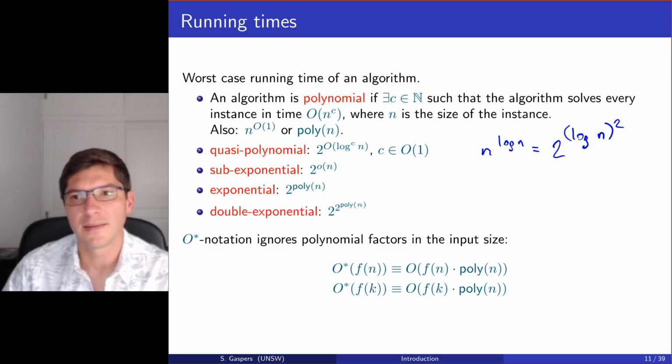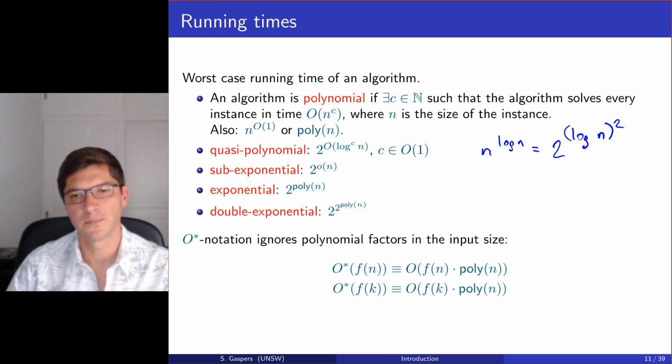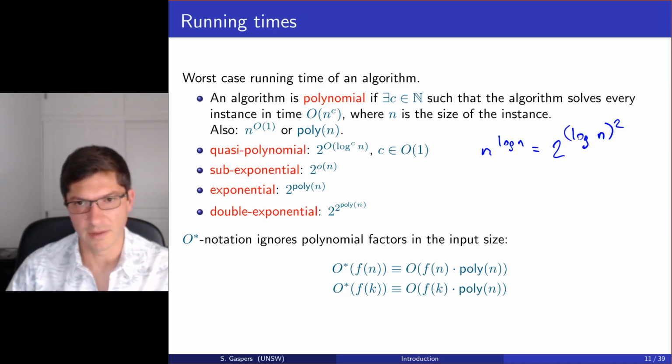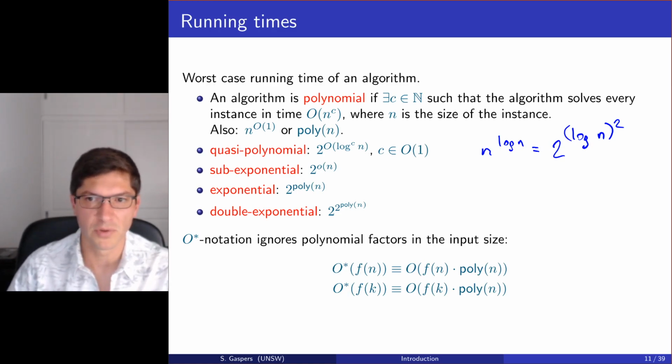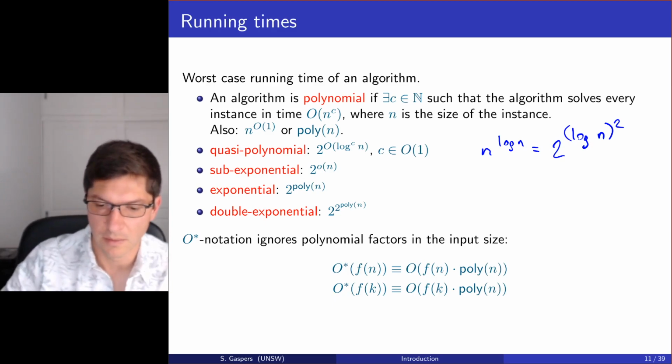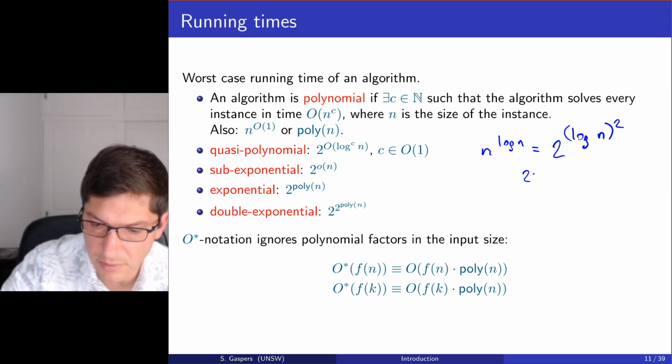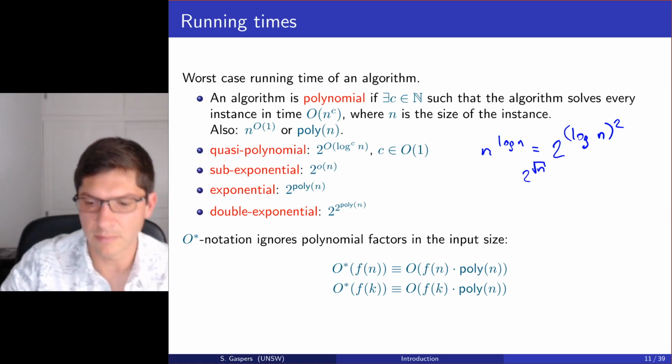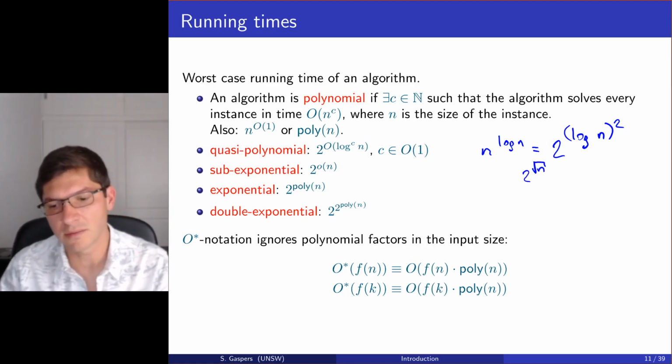Then we have the sub-exponential time algorithms. Those have a running time of the form 2 to the little o of n. Little o of n is any function that grows asymptotically strictly slower than linear. An example of a function that grows strictly slower than linear is square root of n, for example. So here we have running times that look like 2 to the square root of n times log n, or something like this.